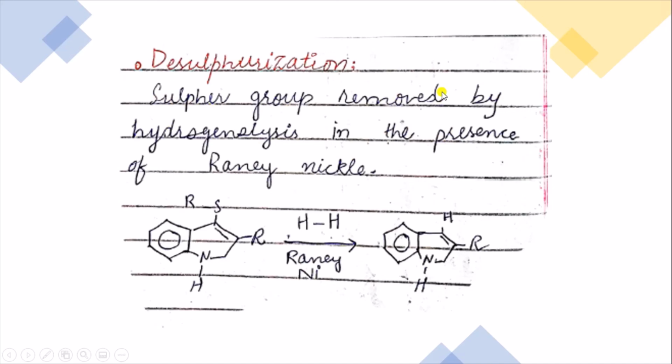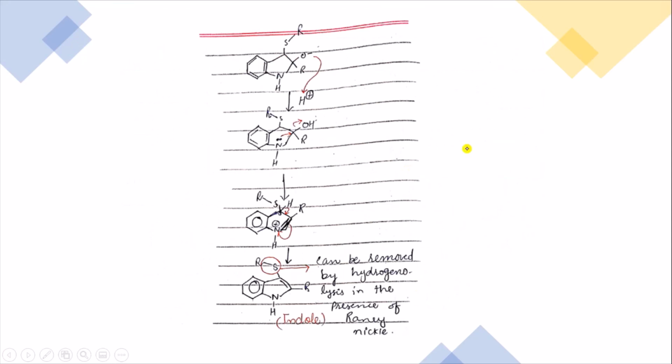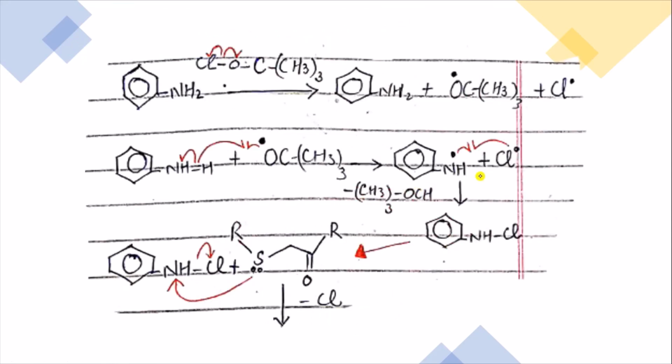So the sulfur group can be removed by hydrogenolysis. This is also known as desulfurization. This group will be replaced by hydrogen, and we have the substituted indole. So this is all about the Gassman indole synthesis.